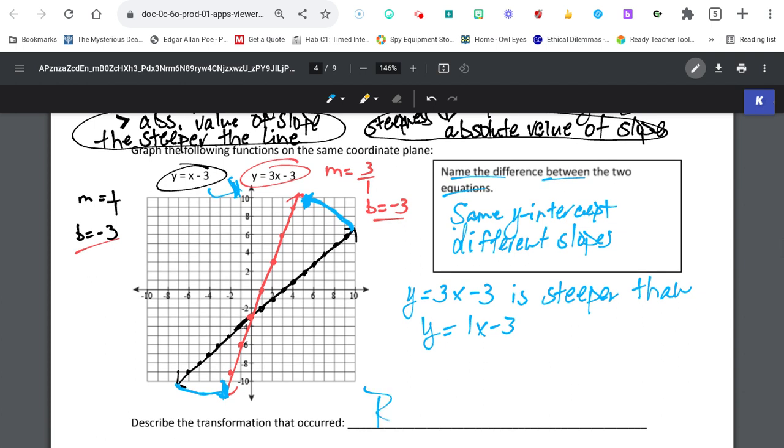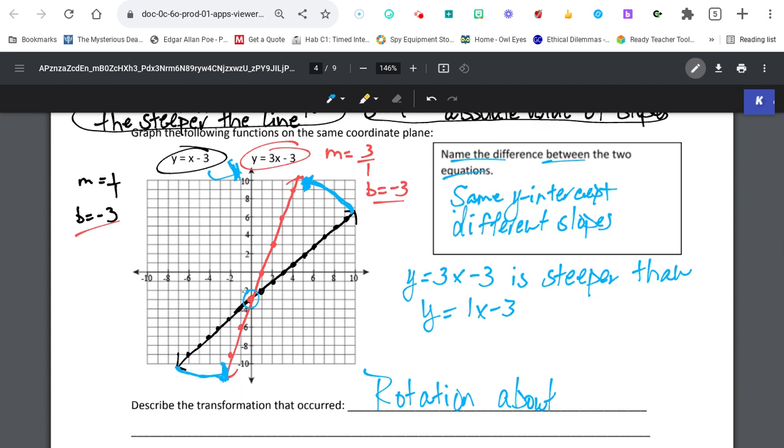And this is a rotation. It's a turn about the fixed point, the point that it's turning about, your y-intercept. About the point (0, -3), guys.